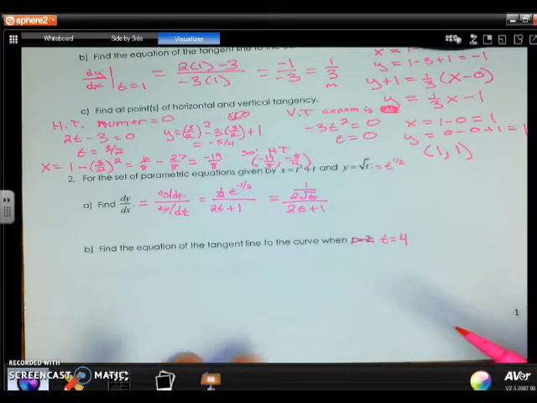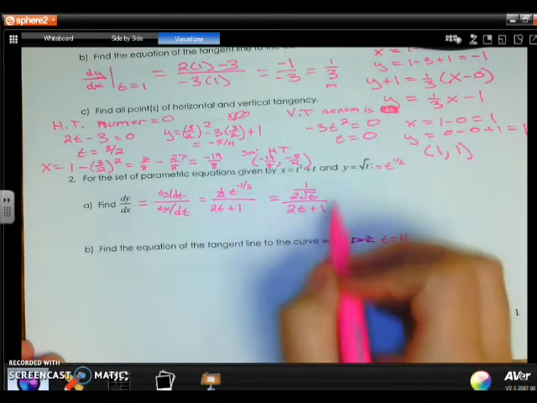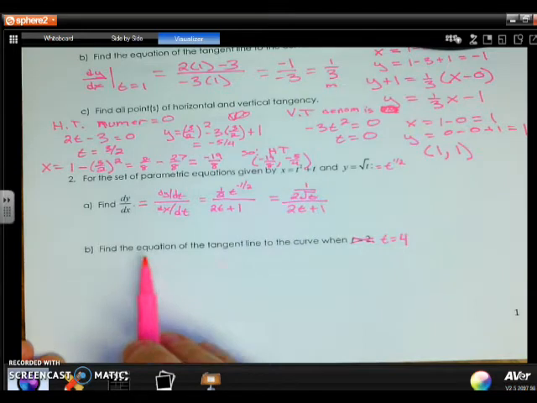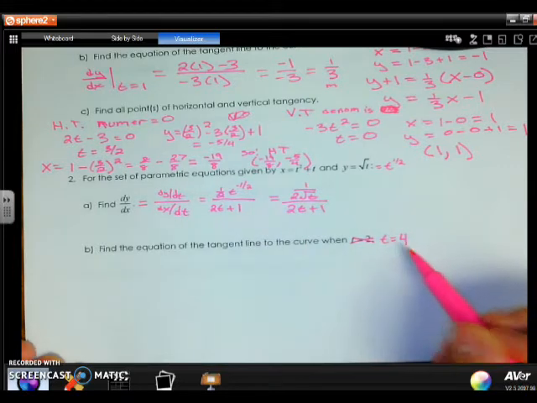And now find the equation to the tangent line when t equals 4. I think I changed that on yours, so I'll change mine to be consistent. So what I'm going to do here is plug in t equals 4 into the slope. Remember, equation of the tangent line. What do we do when we find the equation of a tangent line? You take a derivative, check, you plug something into that derivative.